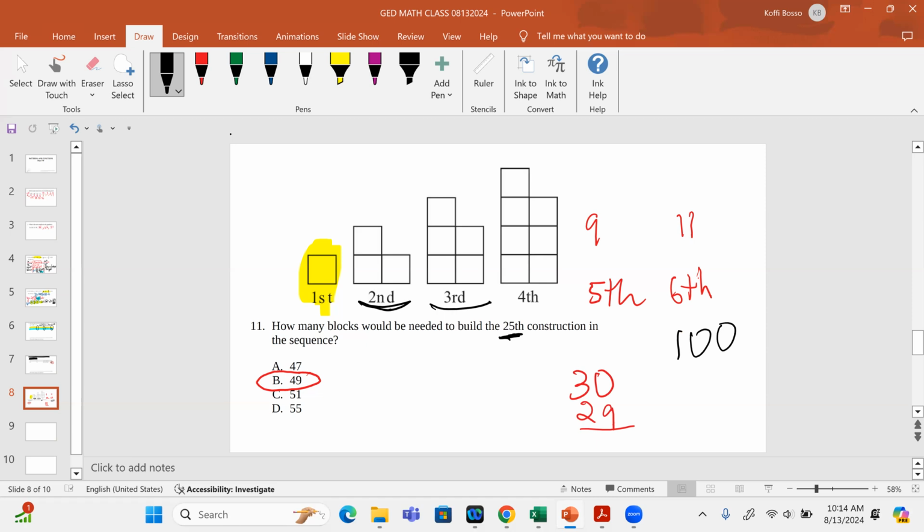How many blocks are you going to have at 100 construction? 199. So you add the 99 to 100, you get 199. So far, so good. So exactly. So that position, short by 1, you add it together, gives the number of blocks.